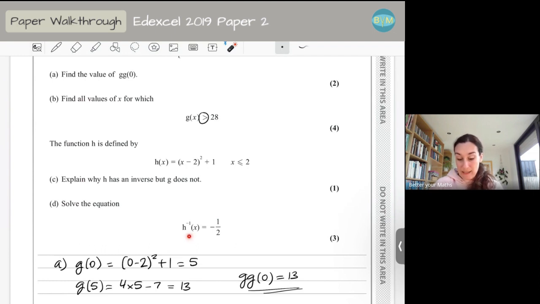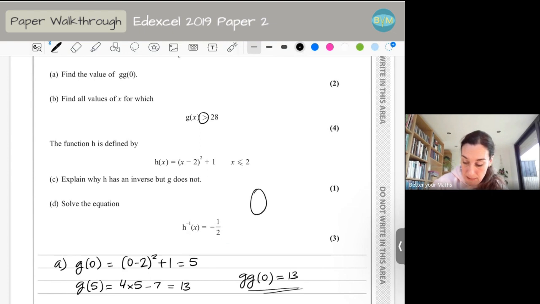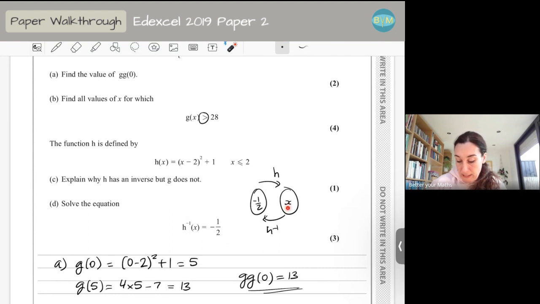If h minus 1 of x is minus a half, that means that h of minus a half is x. So I have a function h and a function h minus 1. h minus 1 of x is minus a half, that means that x is h of minus a half.